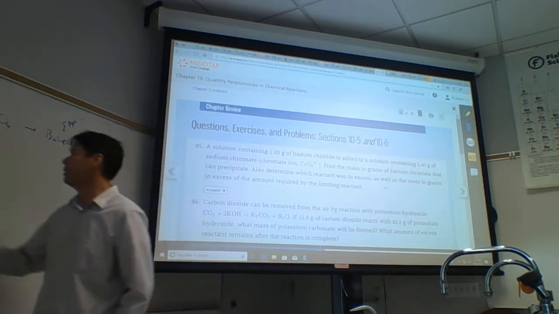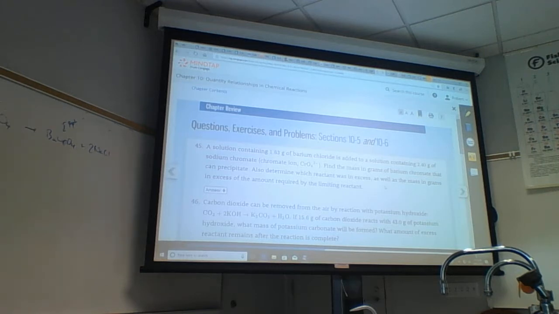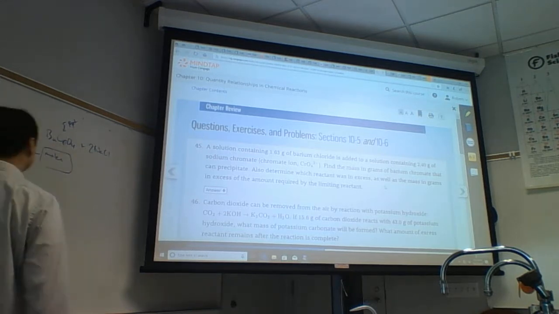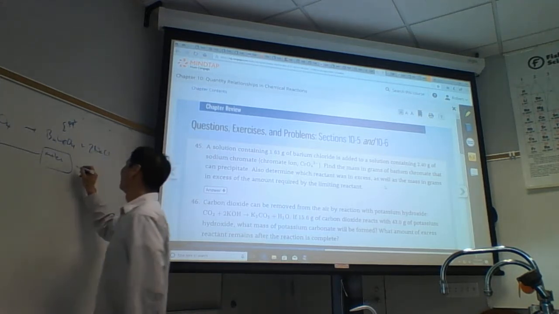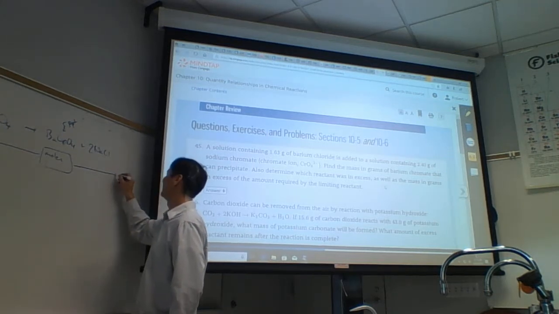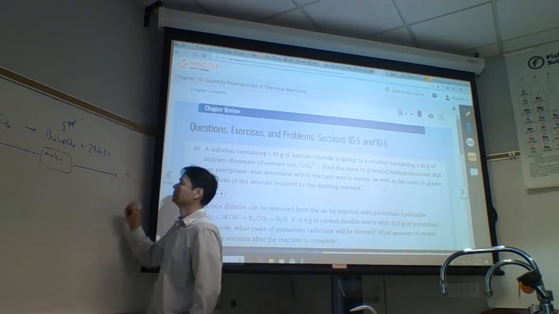So we're going to go from 1.63 grams of barium chloride, and then we're going to go to moles of barium chloride. And from moles of barium chloride, we're going to go to moles of product. And from moles of product, then we're going to go to grams of product.